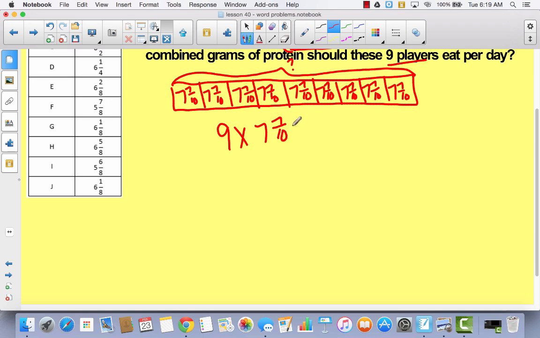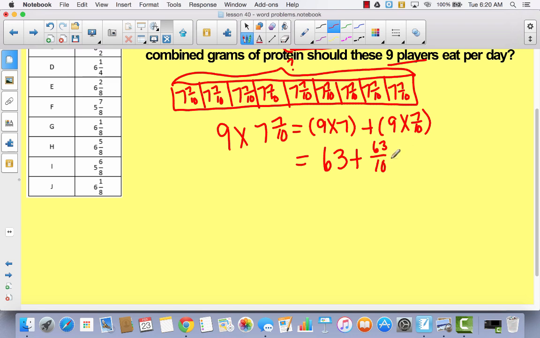Okay, so hopefully you attempted to do this by yourself. We're going to use the distributive property. So we're going to say 9 times 7 plus 9 times 7/10. All right, 9 times 7 would be 63, and 9 times 7/10 would be 63 tenths. So I can't leave this as an improper fraction.